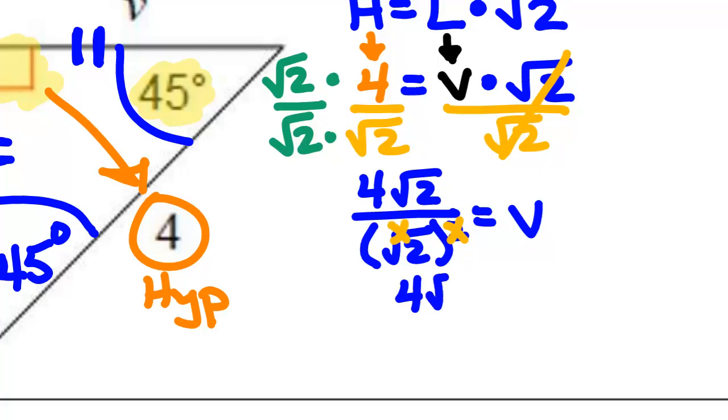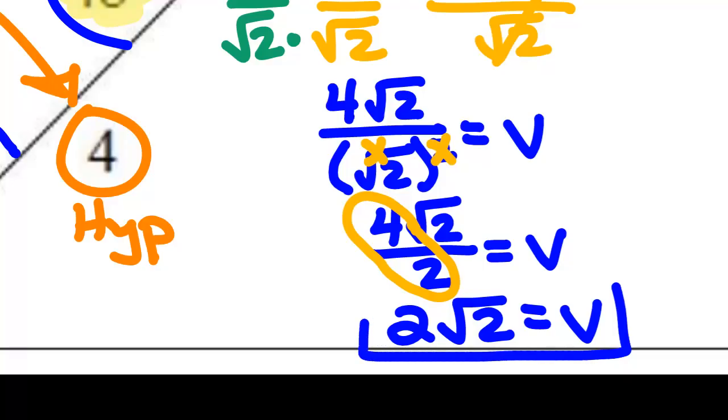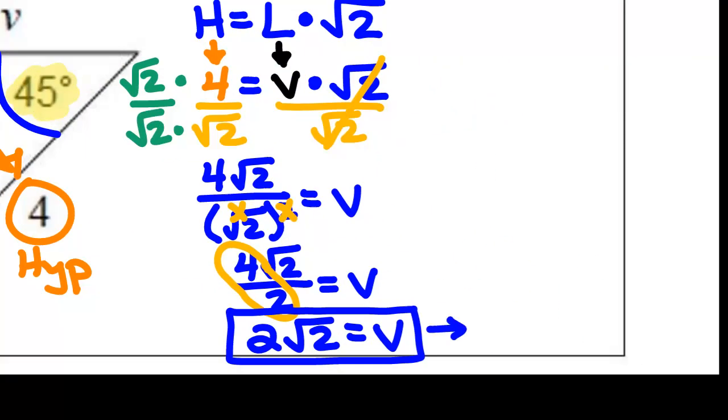So I have 4 radical 2 over 2 equals V. And then I have to reduce this fraction down. Can 2 go into 4? How many times? Twice. So 2 radical 2 equals V. So how big is U? 2 radical 2.